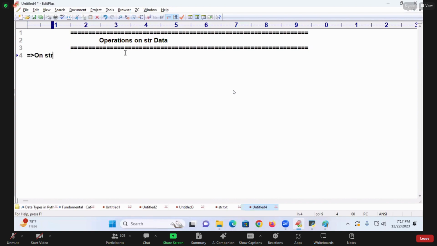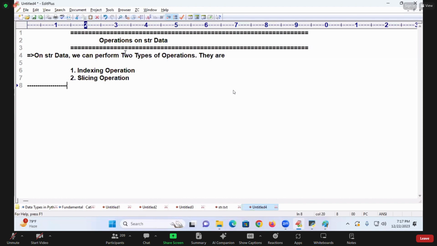On str data, we can perform two types of operations. They are number one is called what? Indexing. Number two is called what? Slicing. Indexing operation and slicing operation. Now I am talking about indexing operation.